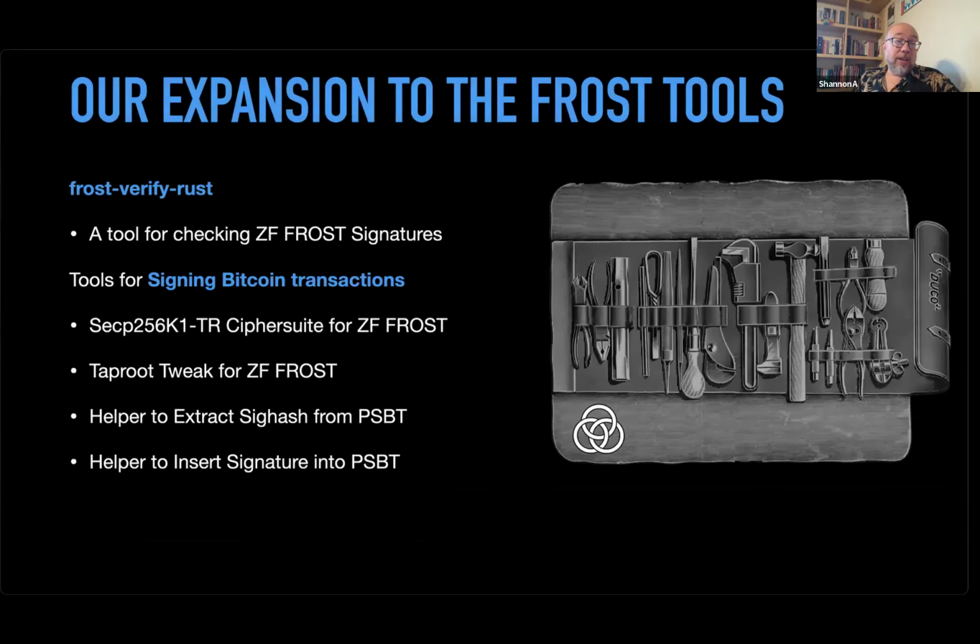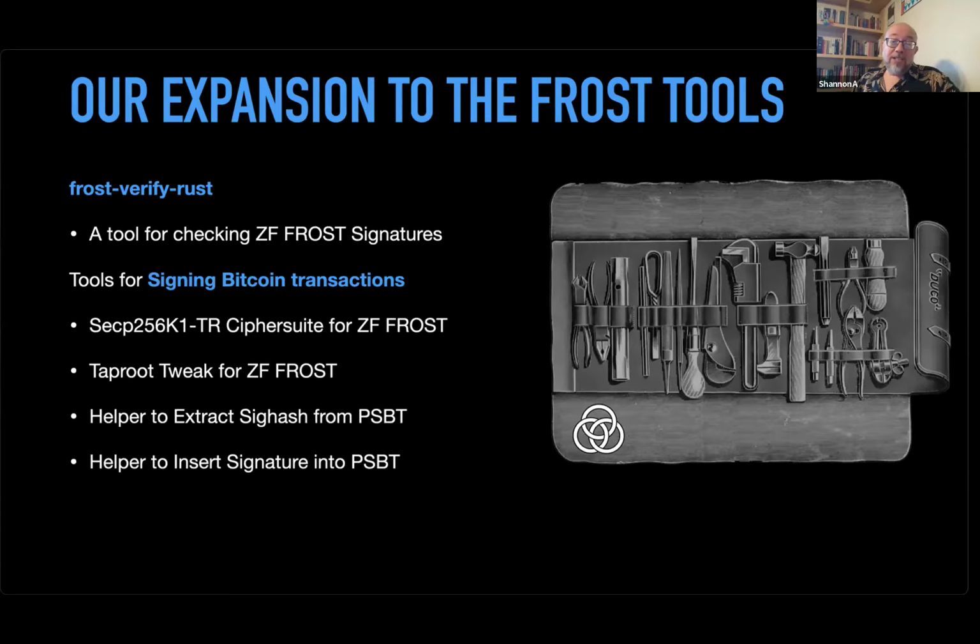We, and by we I mean Wolf, have done a bit of work to expand their tools. We created a tool called Frost Verify Rust, which checks the particular file format of zfrost signatures so you can see that the signatures are actually working, which I thought was important for a hands-on course to make sure you knew that you could do a signature and that it then checked out.